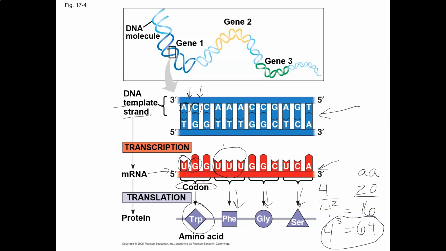So that's how the genetic code works, this triplet code. Once again, the messenger RNA is made up of a series of codons, each codon made up of 3 nucleotides, and which nucleotides they are in the sequence has a special meaning for a specific amino acid.